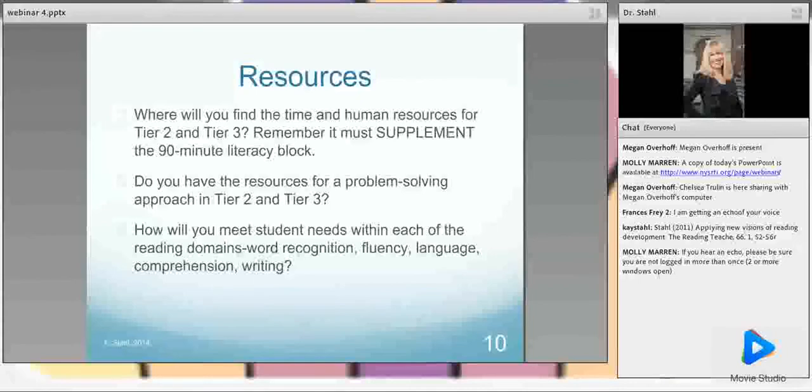Also, I think you need to evaluate, do you have resources for a problem-solving approach in Tier 2 and Tier 3? One of the things that I found very interesting during one of John Hintz's presentations was some research that he was a part of that found that when they looked at schools that did implement a problem-solving approach for Tier 2, often the protocols were very similar.